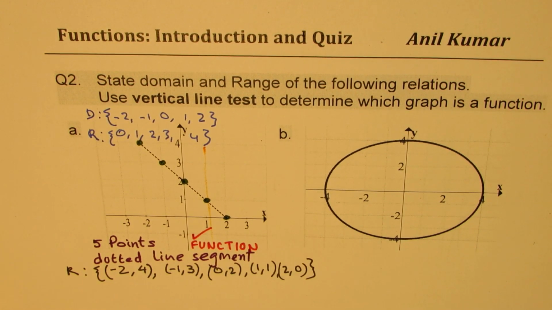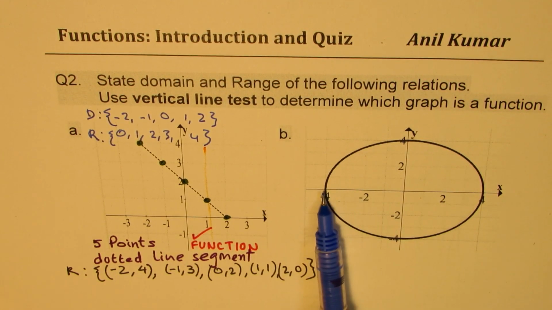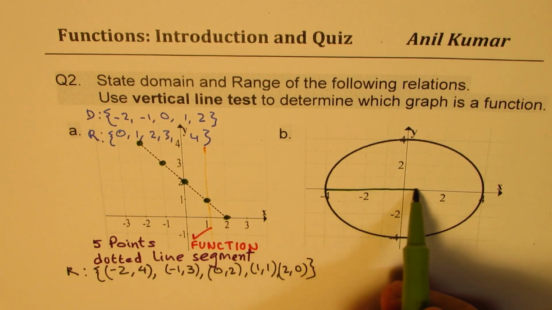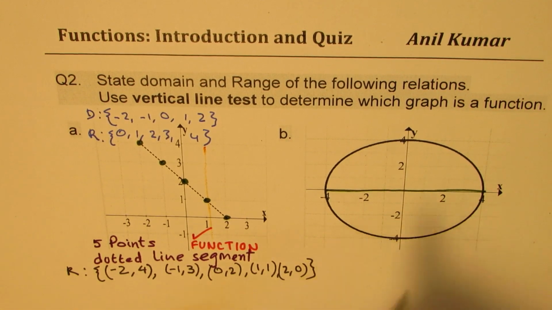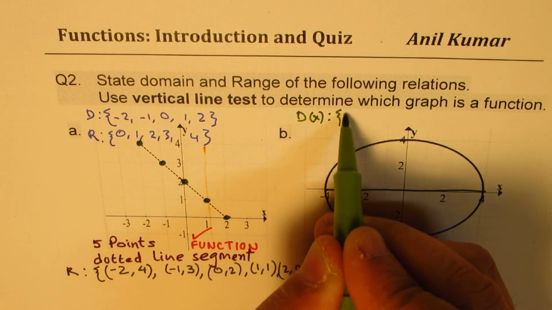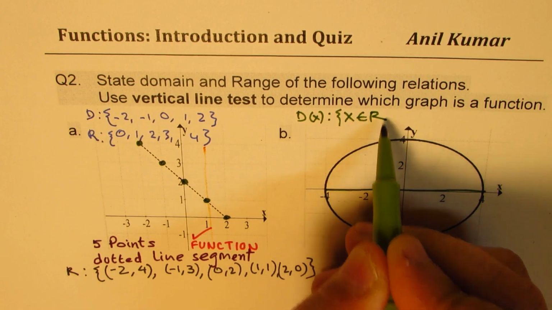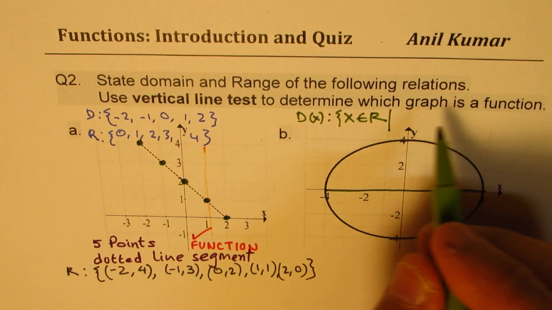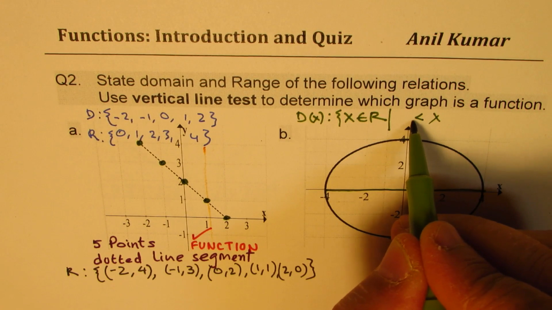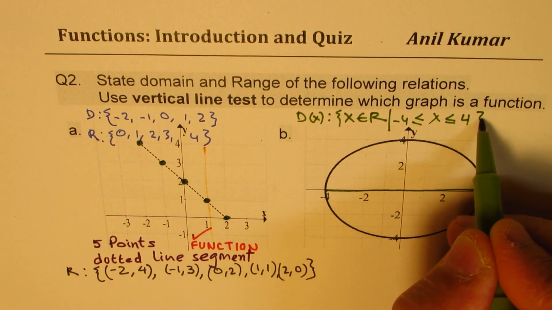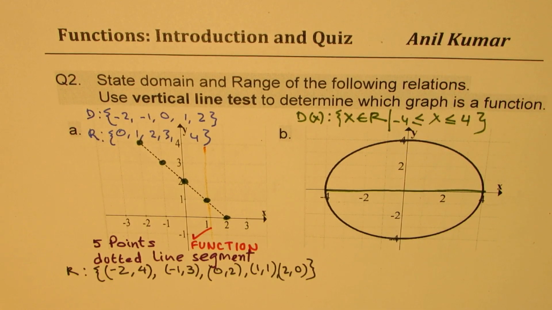Correct. Now here, what is the domain and what is the range? All the x values are between -4 and +4. In this case, we can write the domain, the set of x values, as x belongs to real numbers, everything in between is included, where x is greater than or equal to -4 and less than or equal to 4. Perfect.